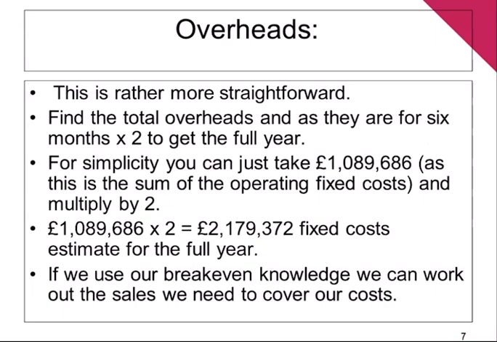So in terms of calculating the fixed costs or the overheads, this is incredibly straightforward. All you've got to do is multiply by 2. There are a few things you could throw in, like the management fees, but let's just keep it simple. Let's just take the 108,986 that you see as the first 6 months of the fixed costs, and multiply by 2.